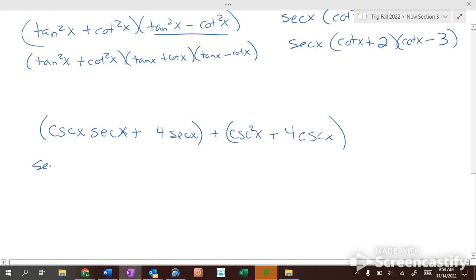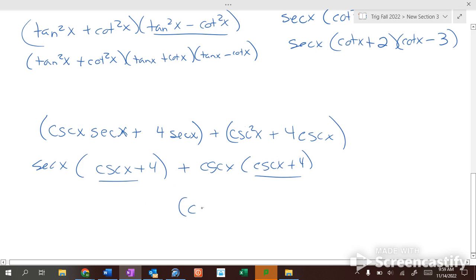I can take out a secant of x. And I get cosecant of x plus 4. What can I take out of the last 2? Cosecant of x. I get cosecant of x plus 4. If these match, they go in their own set of parentheses, but it's only to the first power.